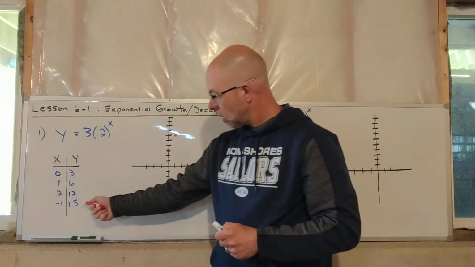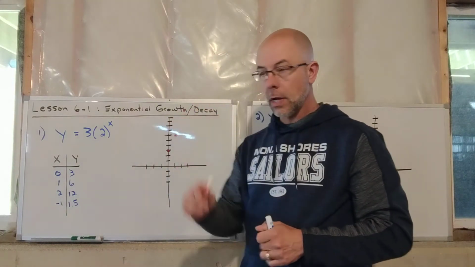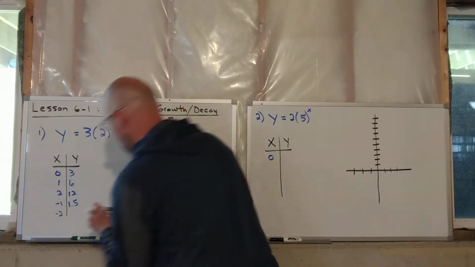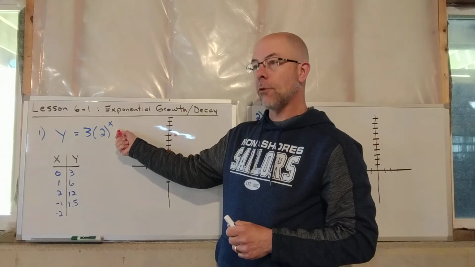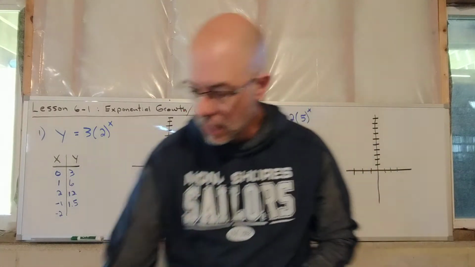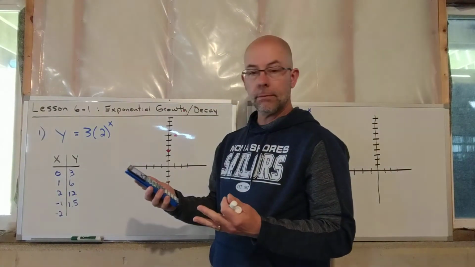I usually like a number a little bit smaller than that. Like I like it to be smaller than 1. So I'm going to go 1 more. Negative 2. 2 to the negative 2 is 1/4 or 0.25. And 3 times 0.25. Suppose I don't know that.